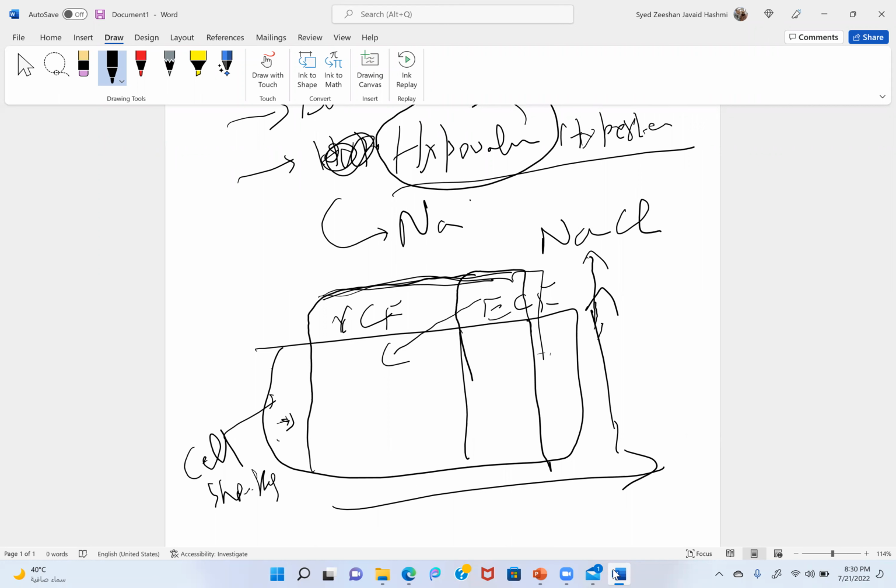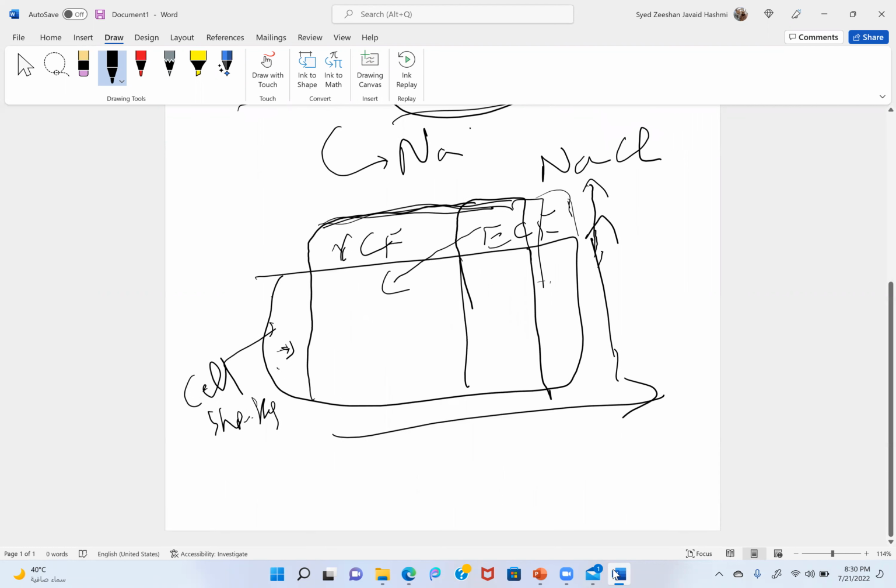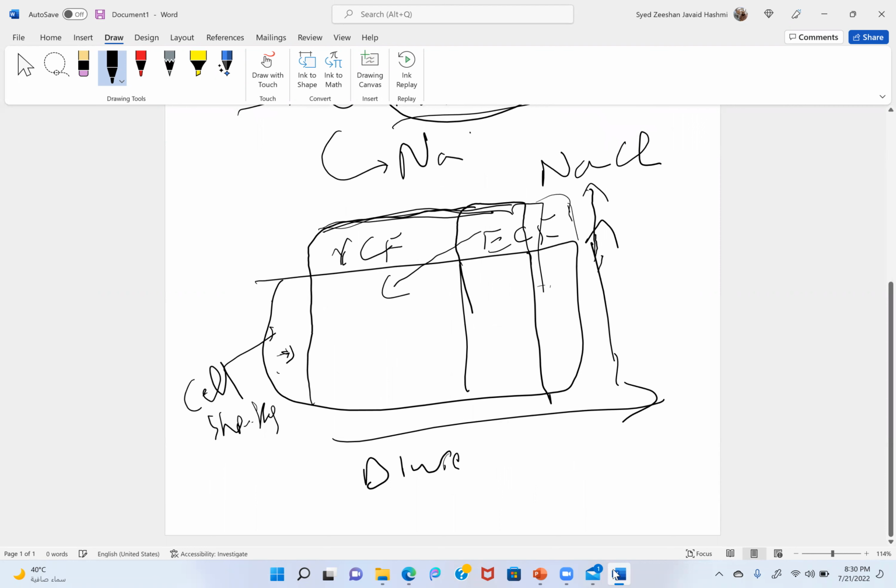Then, when you have replaced the volume and achieved adequate volume, the next step may be diuresis along with free water. Do you understand now?